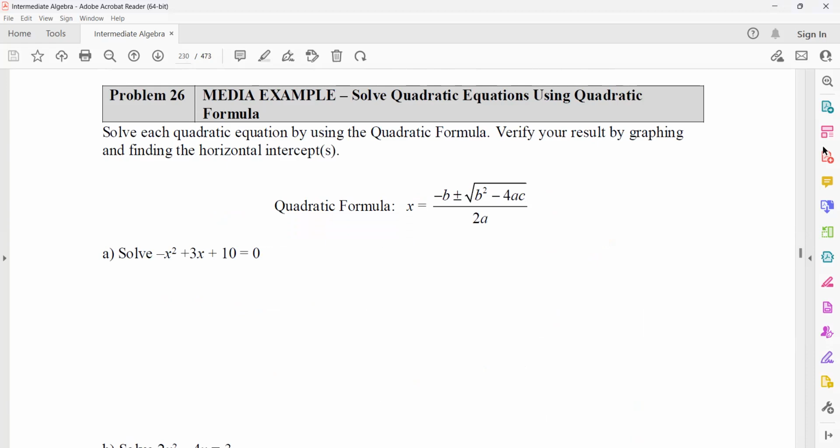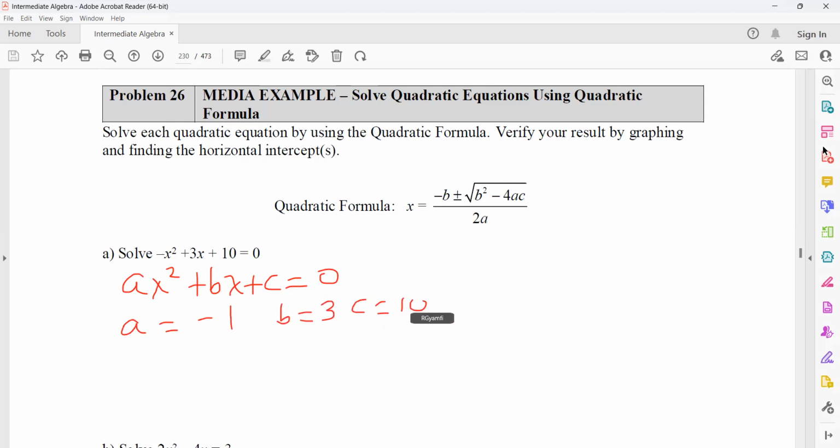First of all, I have to find my A, B, and C. My A is negative 1 because I'm comparing it to the general form. So A is negative 1, B is 3, and then C is 10.